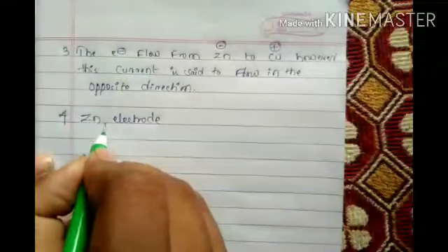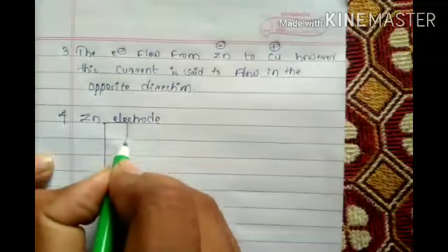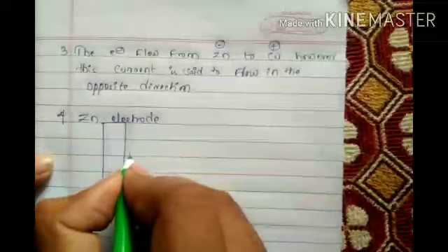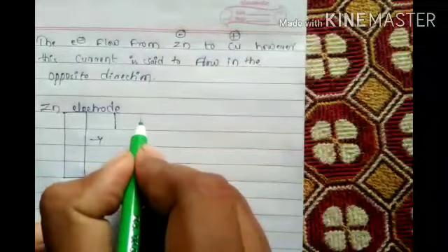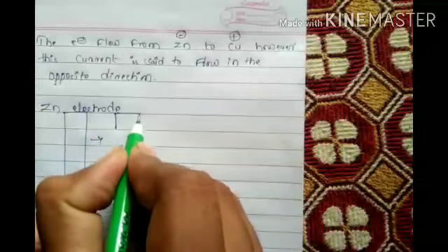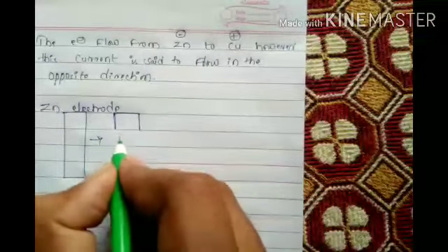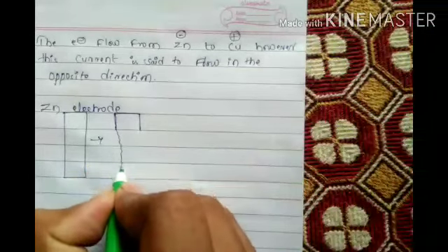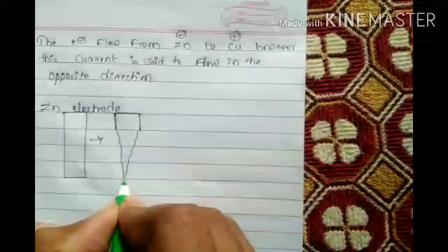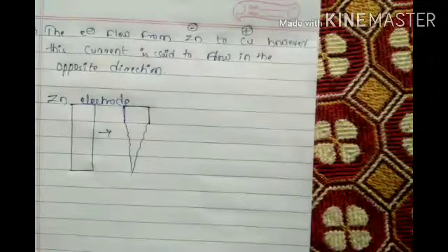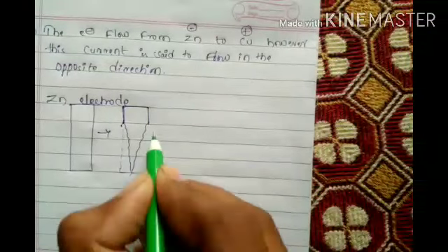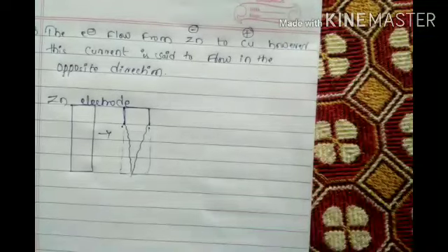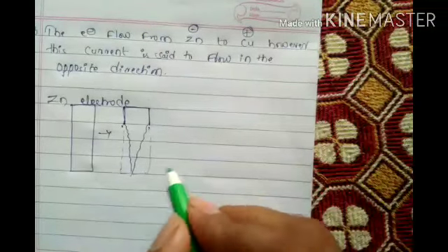Now the zinc rod: the starting is like this. After some time, for example, till here we dipped it in the solution. Like this it will happen. Actually it is there like this, but it slowly dissolved.